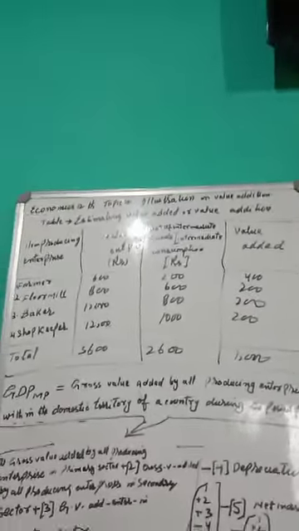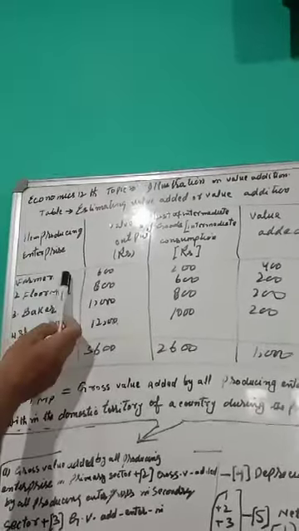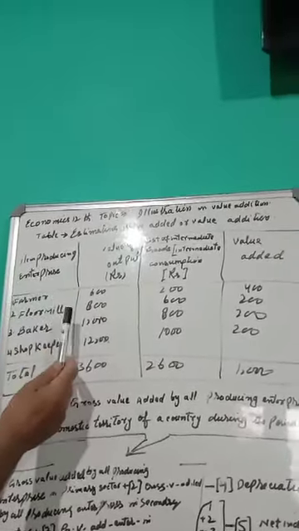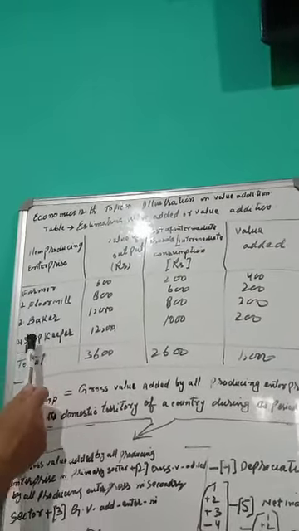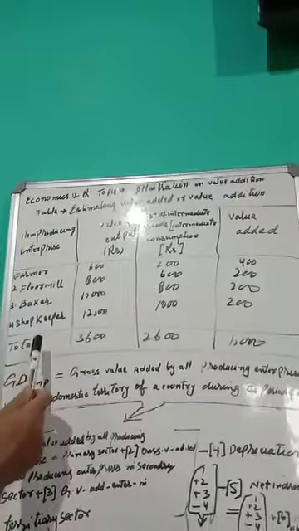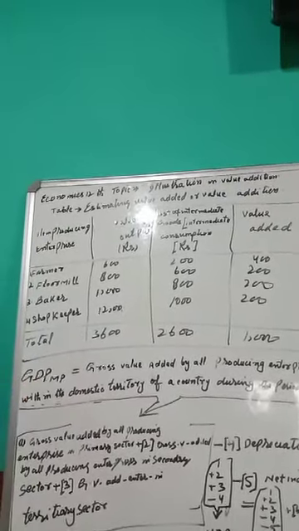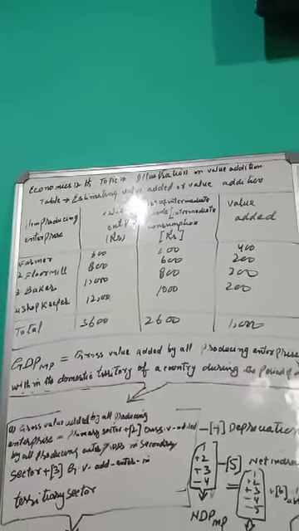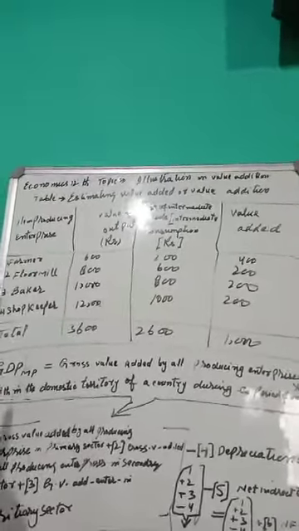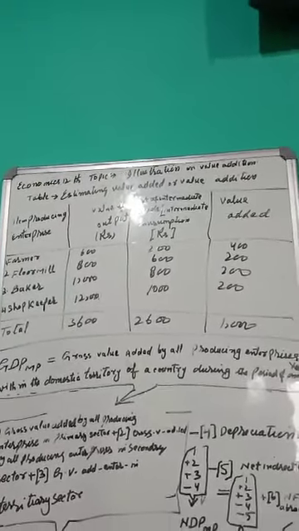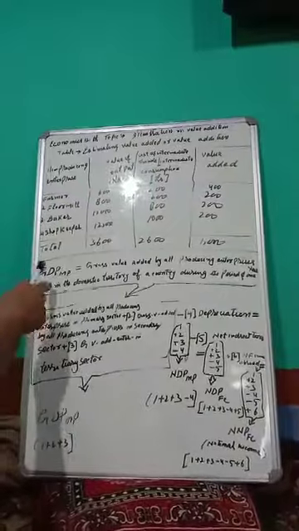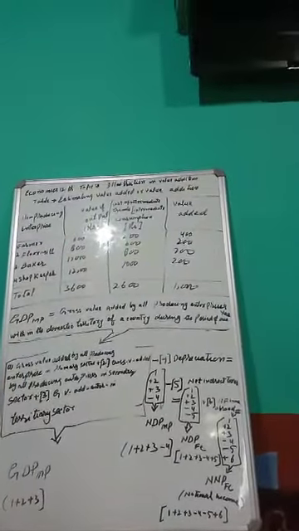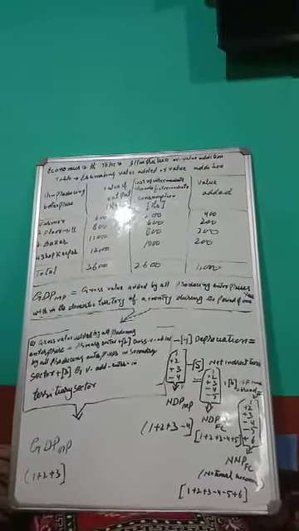It is the farmer, number 2 is flour mill, number 3 is baker, number 4 is shopkeeper. These are the item producing enterprises who are producing the items. Total number 4: farmer, flour mill, baker and shopkeeper.